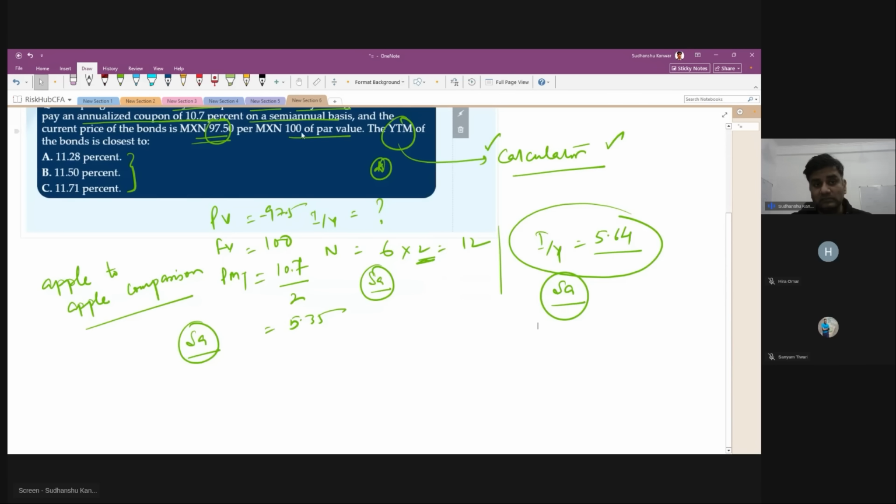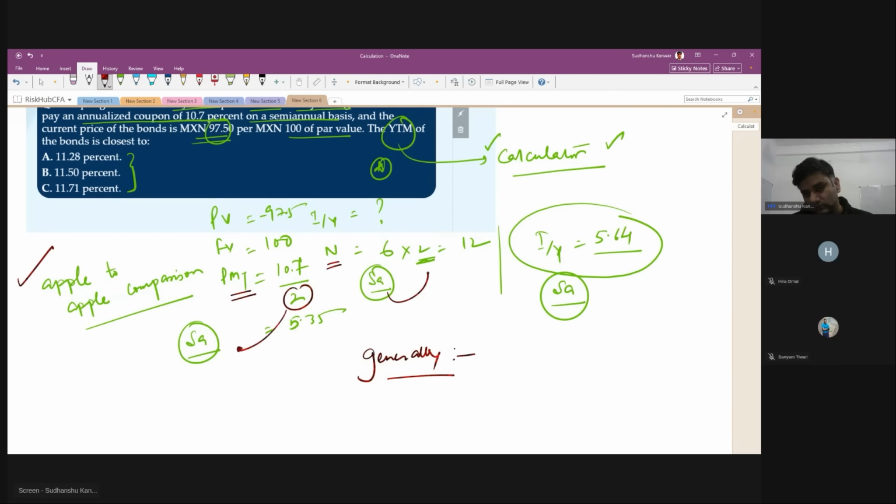Please remember my words, guys. I'm trying to remove your confusion, which you will think later on, and resolve everything right now itself. Generally, this creates a lot of confusion among students. So remember very clearly that it is apple to apple comparison. If PMT is semi-annual, if N is semi-annual, then I/Y will also be semi-annual. It cannot be different.